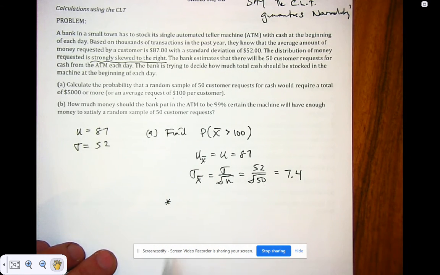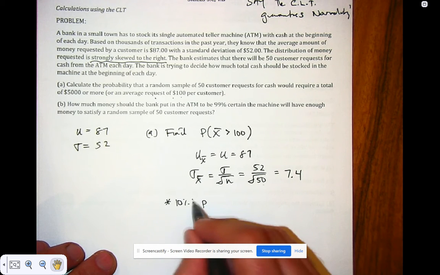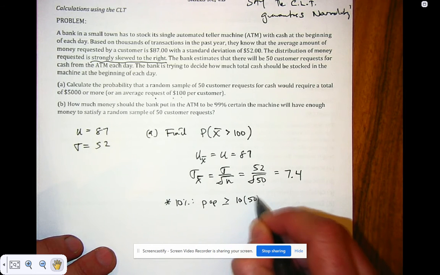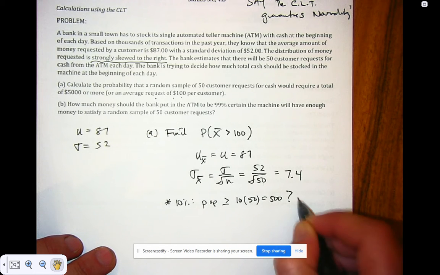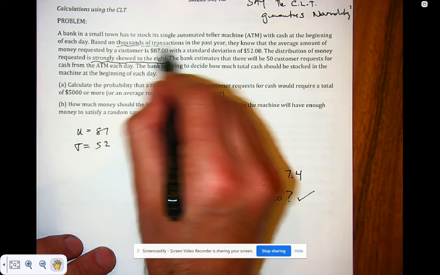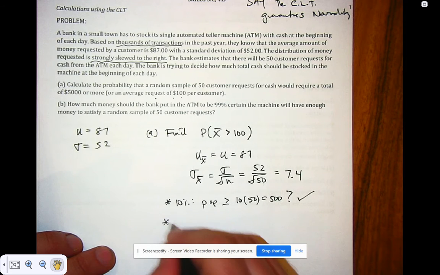Well, there's two things. First, you can't use your standard deviation unless you check, is my population greater than or equal to 10 times 50, 500? I'm going to give it a check mark. This is good for an AP reader. It says there are thousands of transactions, so yes, I'm okay with the fact that the population is bigger than 500. What about normality?